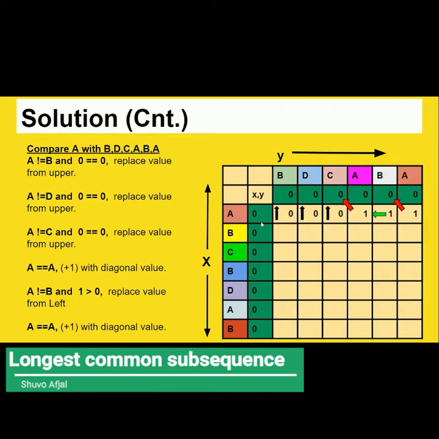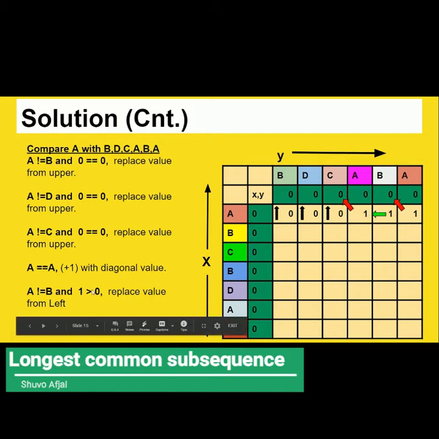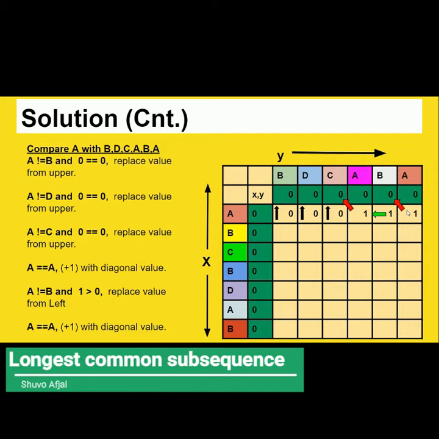A and B are not equal. So compare 1 and 0. 1 and 0 are not equal. 1 is greater than 0, so replace the value with 1, and this value comes from left. Again see, A and A are equal, and diagonally add 1.